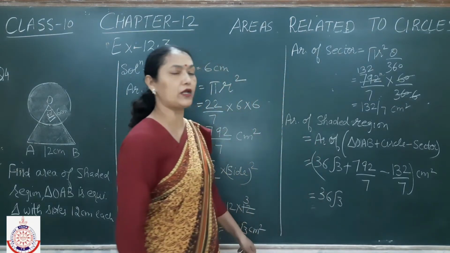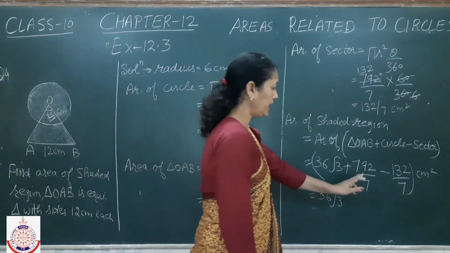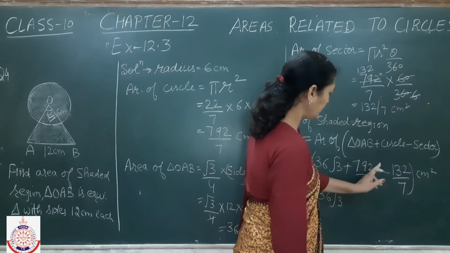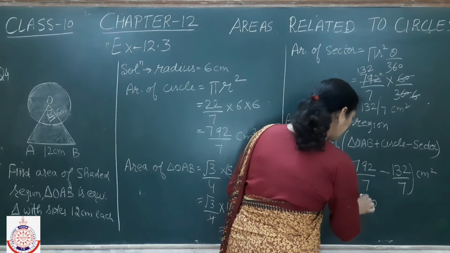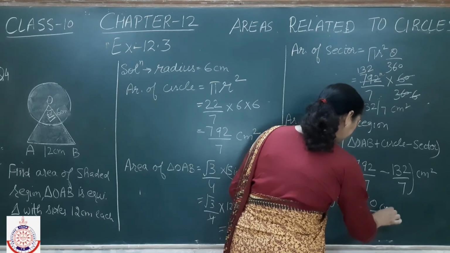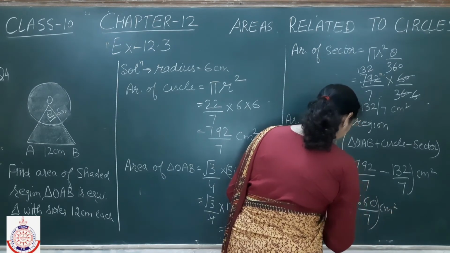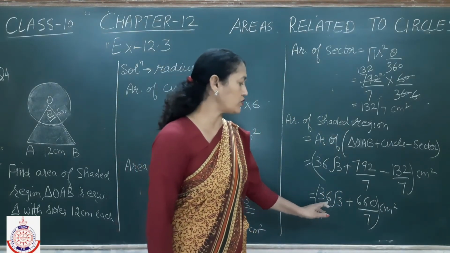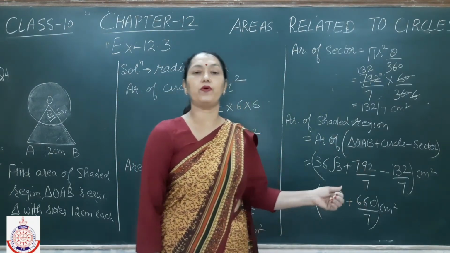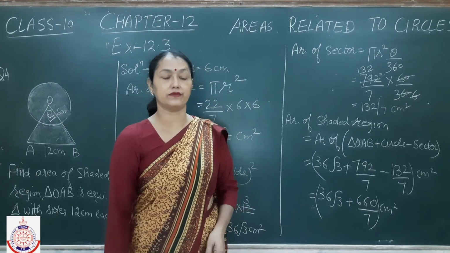Without going into deep calculation, we can keep it like this also. Here the LCM is taken, then 792 minus 132 is 660 upon 7. So the area of the required shaded region is 36√3 plus 660 upon 7 centimeters square.